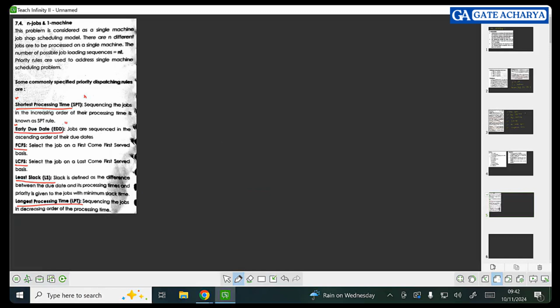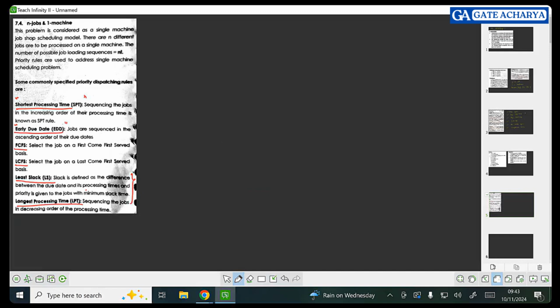Right, so only highlight the headings. Least slack value, if you want, you can take this definition. Slack value is defined as the difference between the due date and its processing time. Priority is given to the jobs which have minimum slack time. So you take the slack value. These two lines are very important.